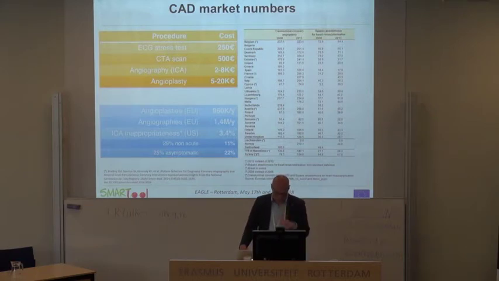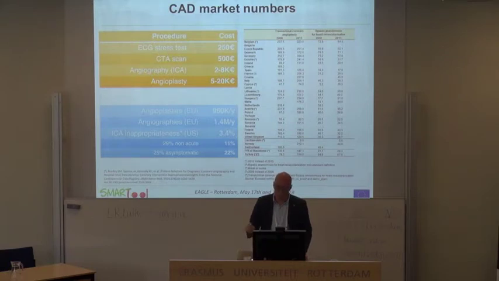What is interesting about these numbers is the rate of inappropriateness for angiographies. Angiographies cost thousands of euros, are really invasive for the patient, and according to a big American study that, as far as we know, is the only one available, there is a gross 3.4% rate of inappropriateness.